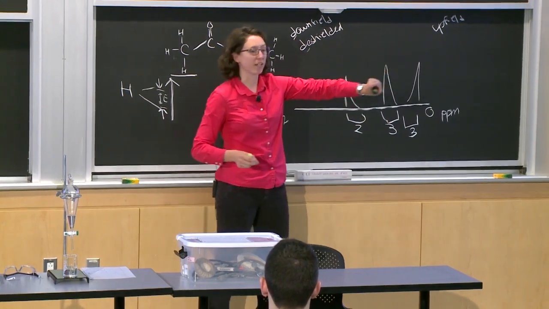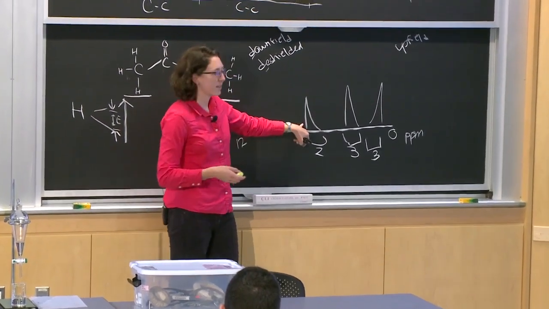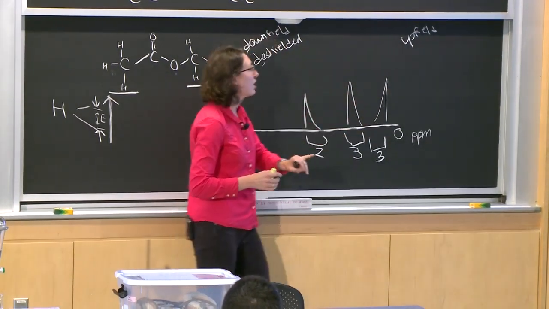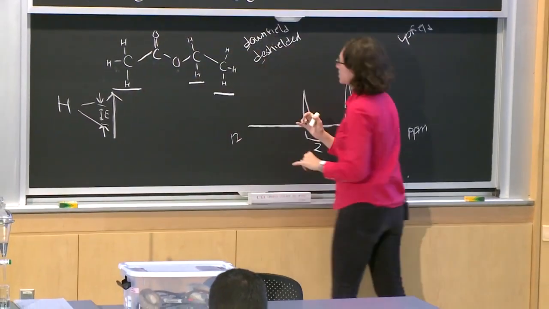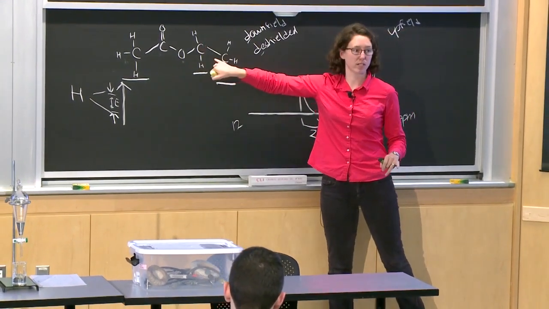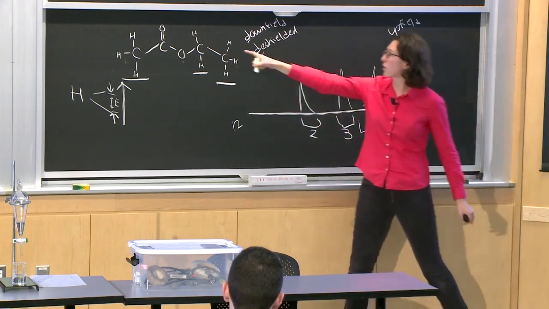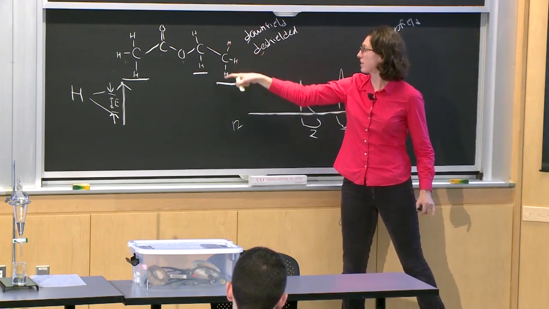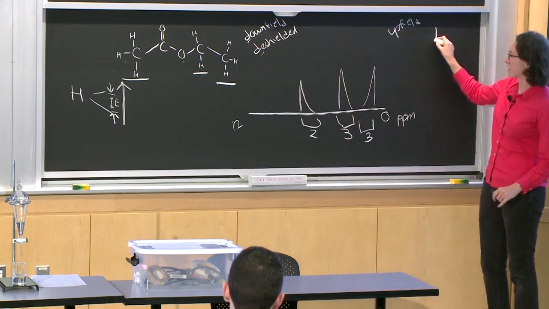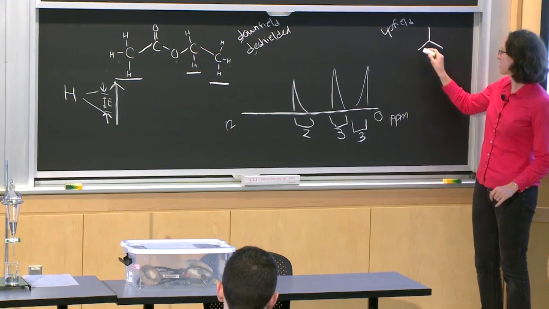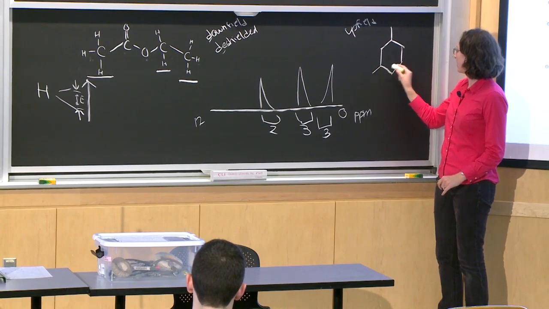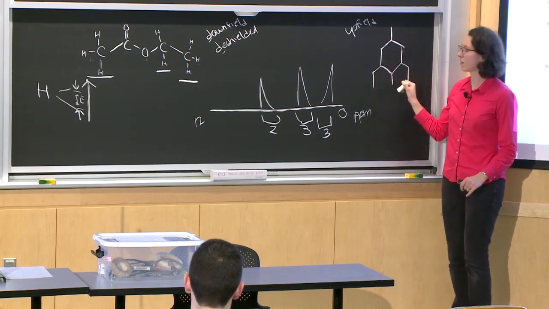You can also use the coupling, which is what is going to break these signals into not just one peak, but it'll be a few. So coupling happens when there are protons that are next to each other. So this methyl group is next to 2 other protons, right? And so each of these protons, each of its neighbors, will split this signal one time. So if you have your signal and it gets split once, then you have 2 signals, and then if it gets split again in an equal magnitude, you end up with 3 signals.